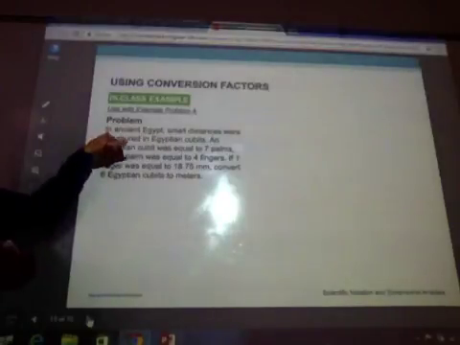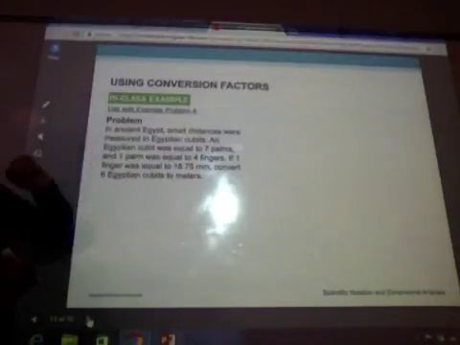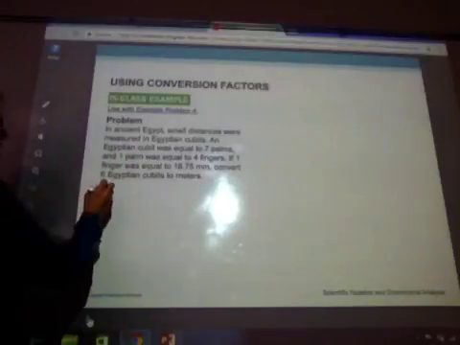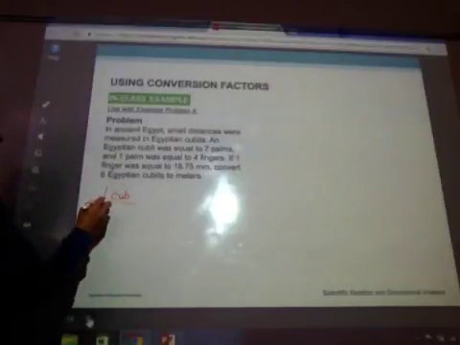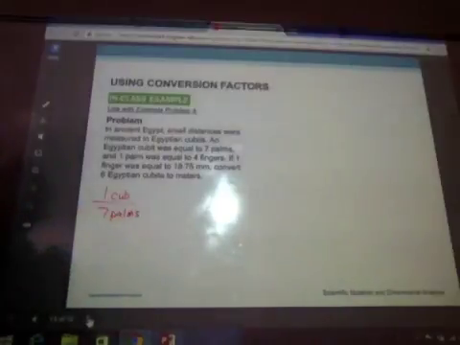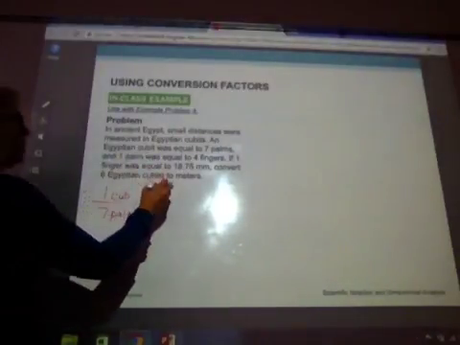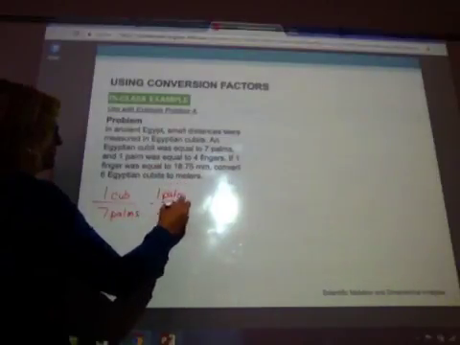So, here we go. Ancient Egypt. Mr. Flatten would be proud. Small distances were measured in cubits. An Egyptian cubit, so 1 cubit, was equal to 7 palms. That's one conversion factor I can read. 1 palm was equal to 4 fingers.